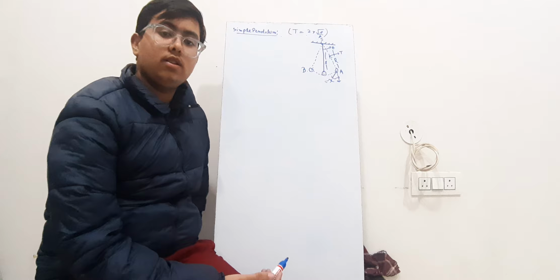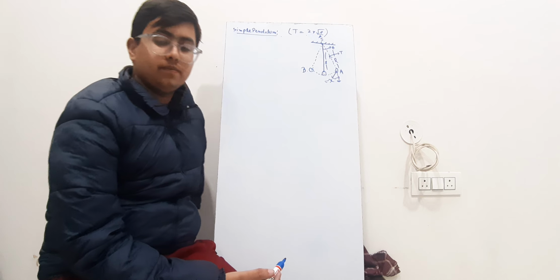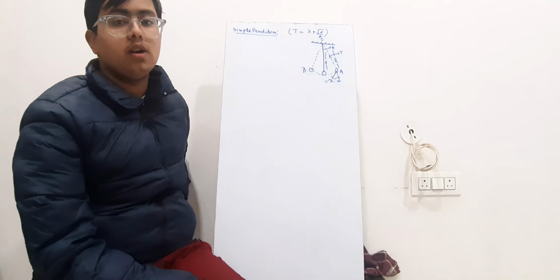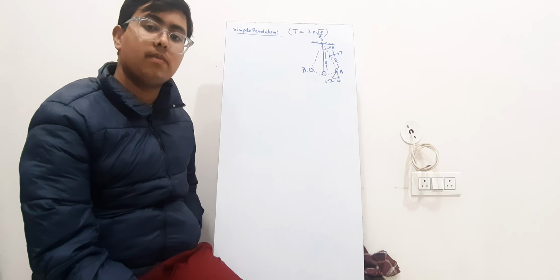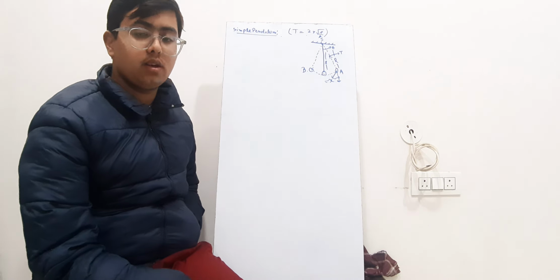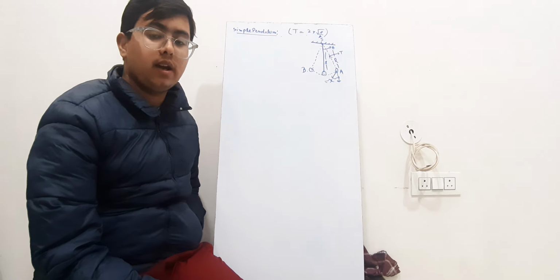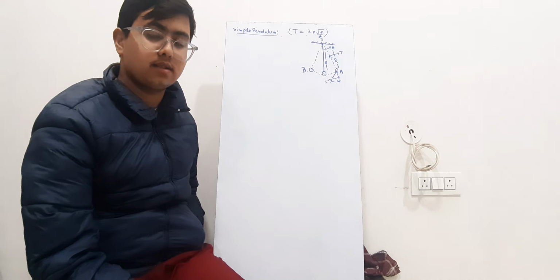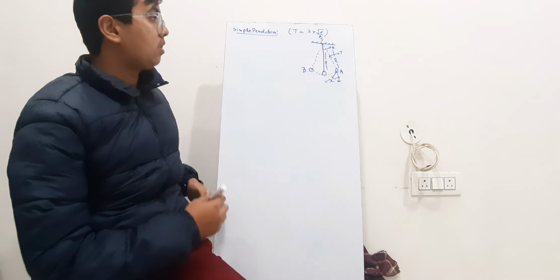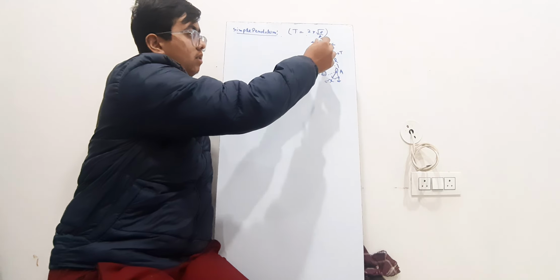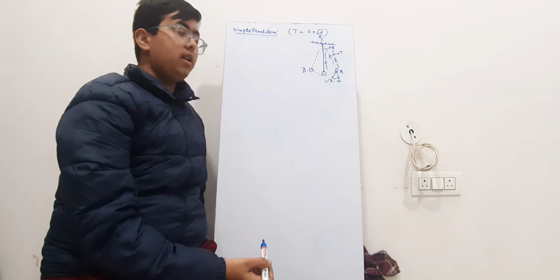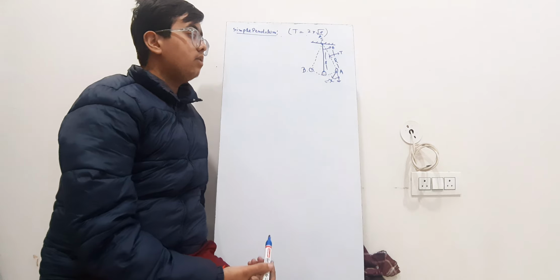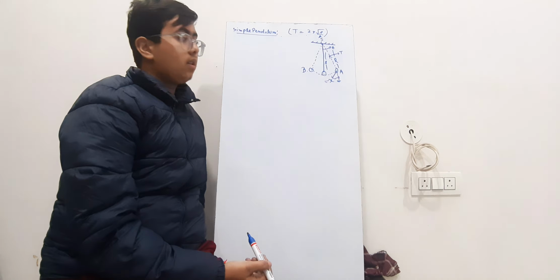So what is a simple pendulum? A simple pendulum consists of a massive metallic bob and a weightless, flexible and inelastic string. The bob is suspended from a rigid support, and the mass of this bob is m.